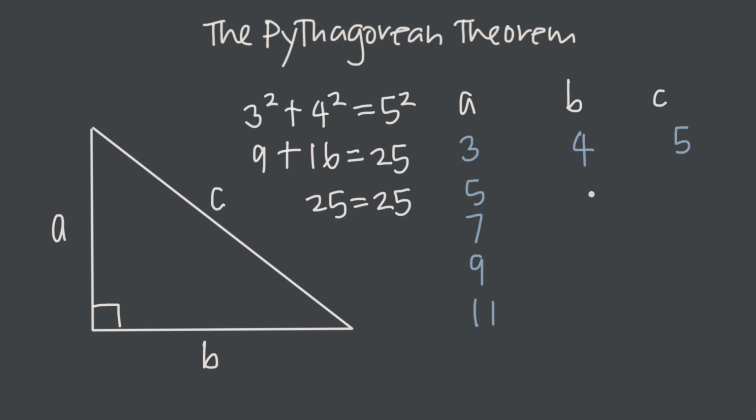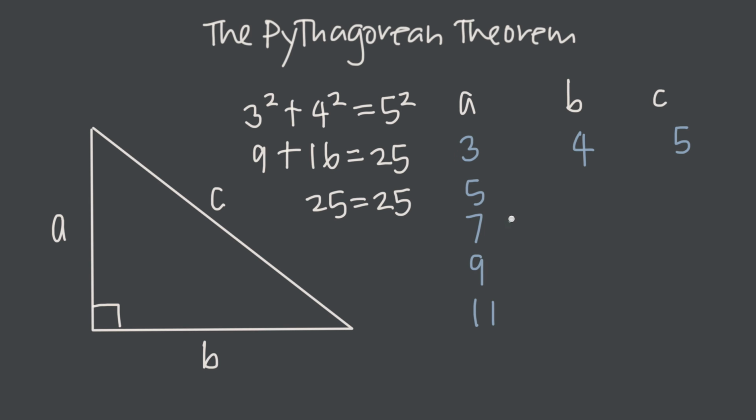I could pick a value for B, and C would not necessarily be a positive whole number. For example, if I picked B equals 6, I would not get a positive whole number for C, so that would not be a Pythagorean triple. It's just that a Pythagorean triple is possible.